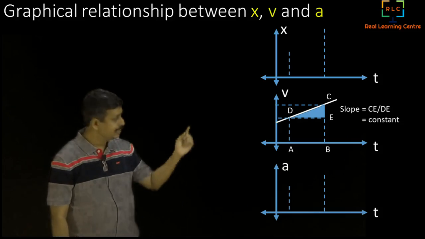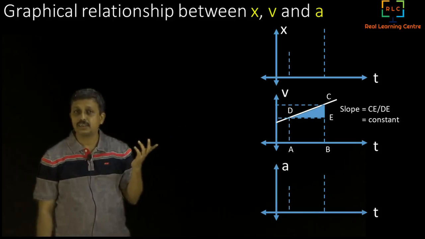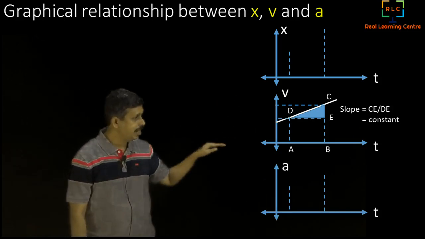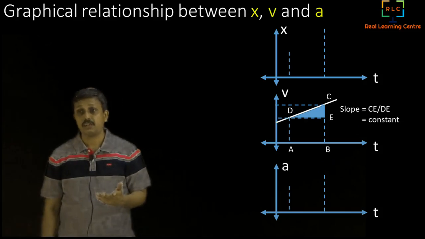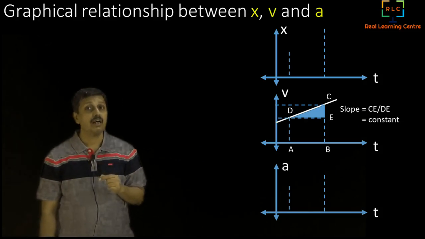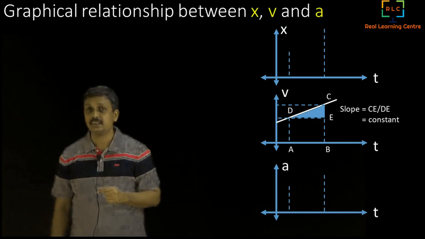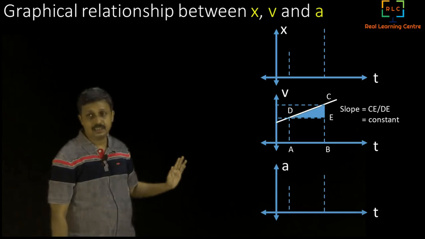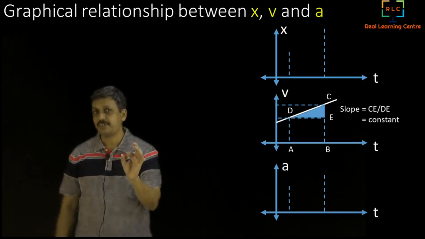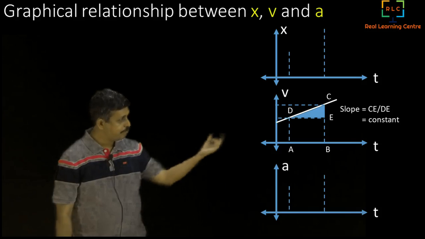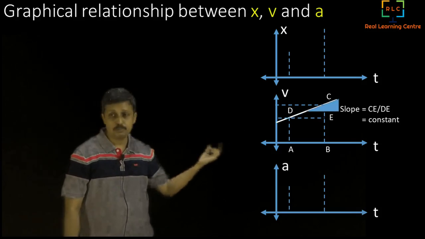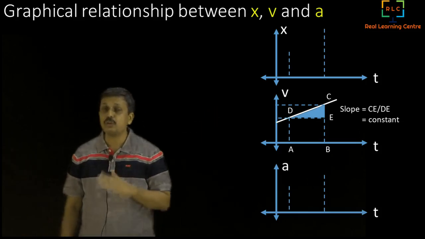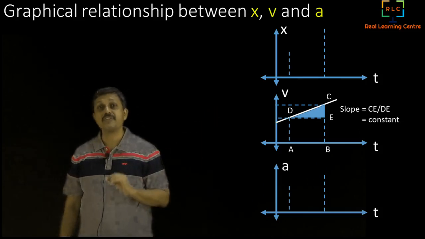Triangle DCE gives us the slope as CE by DE, the vertical by horizontal. That slope is constant, in the sense that if you go along in T, this side or that side, the slope remains the same. You can move the same triangle up and you can see that it is on the same line. So the slope wherever you go is basically the same.